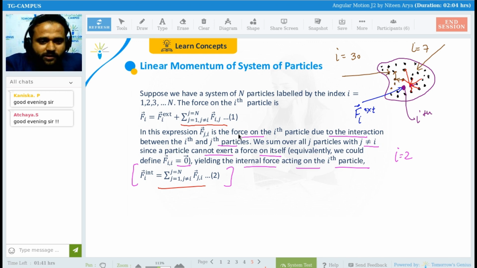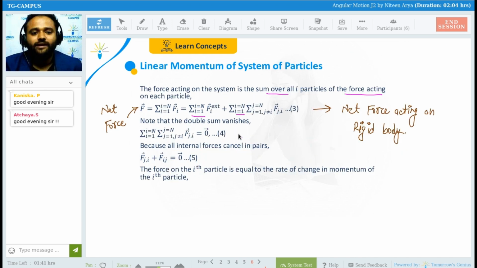Suppose this particle applies a force on this one, and the same particle is applied a force by this one. So there are two very minute forces, this one and this one, and they are going to cancel each other. Clear? That is how they vanish, and that is why we can drop the internal force.